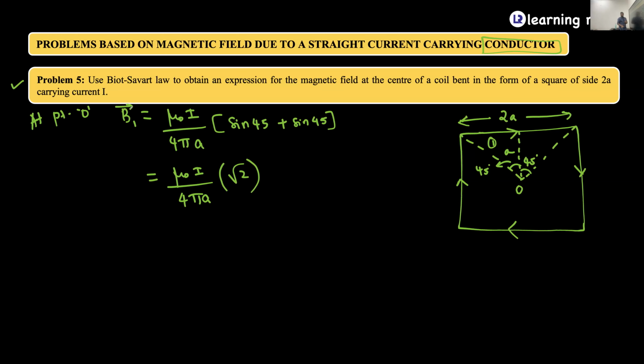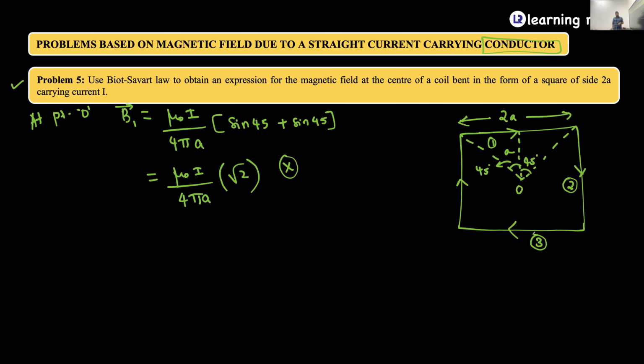When I put a vector symbol on top of it, what is going to be the direction of the magnetic field? Take the thumb, curl the fingers. My fingers are going and hitting the board, so it is going to be into the plane. So this is the magnetic field due to the first conductor.